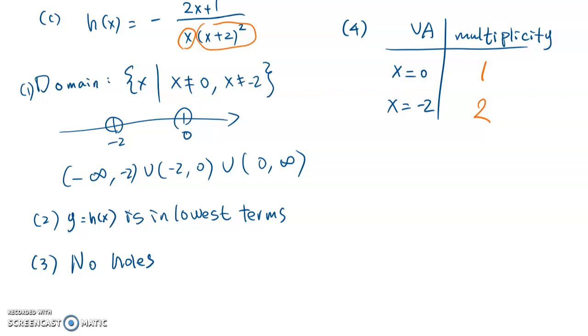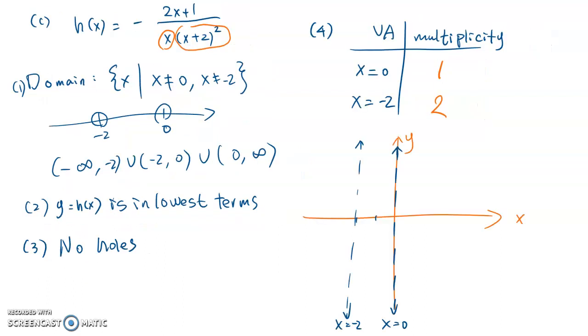Okay, so how does that affect our graph? That means on the two sides of the vertical asymptote x equals 0, on one side it will go down. Let's say one side it will go this way. Then the other side of x equals 0 must be going up, all the way up.